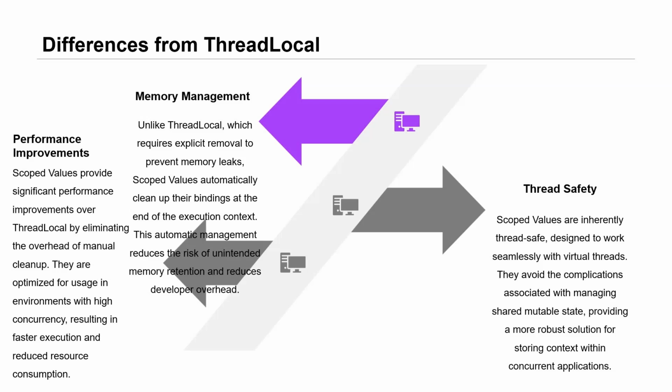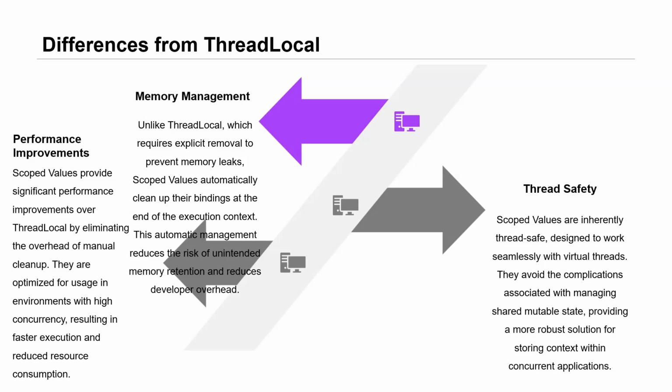If we talk about performance, scope values provide significant performance improvements over ThreadLocal by eliminating the overhead of manual cleanup. They are optimized for use in environments with high concurrency, resulting in faster execution and reduced resource consumption.